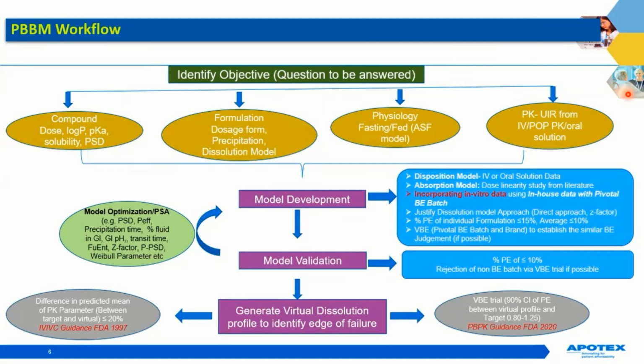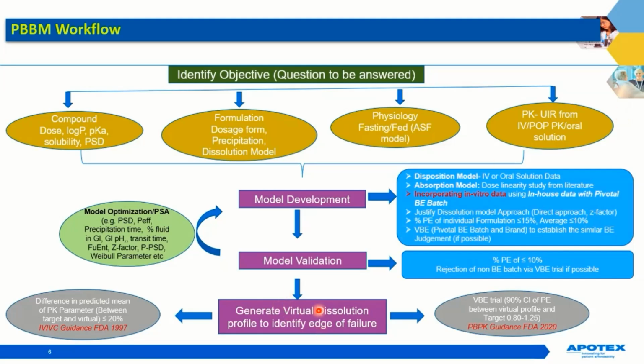If the model does not meet the validation criteria, then optimization of certain important input parameters is performed here, and the optimizations are supported by a parameter sensitivity analysis. It should be scientifically rational and not just a best-fitting approach.